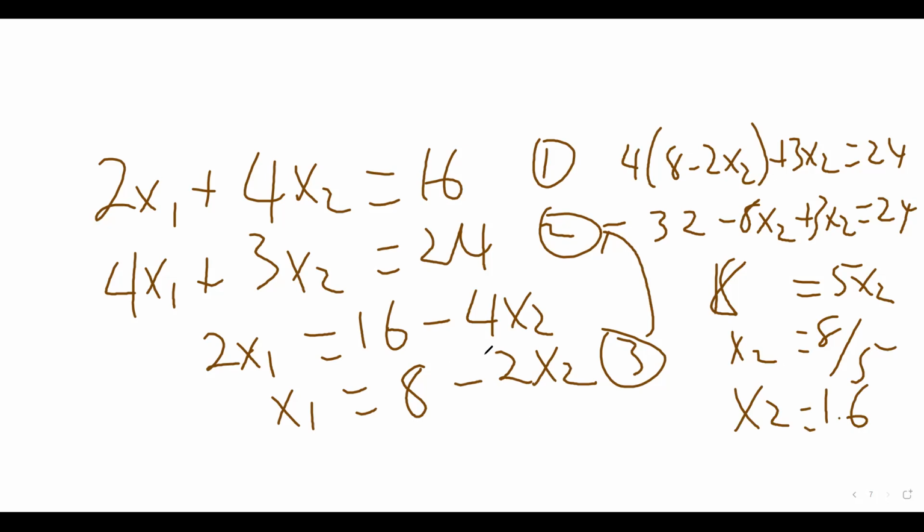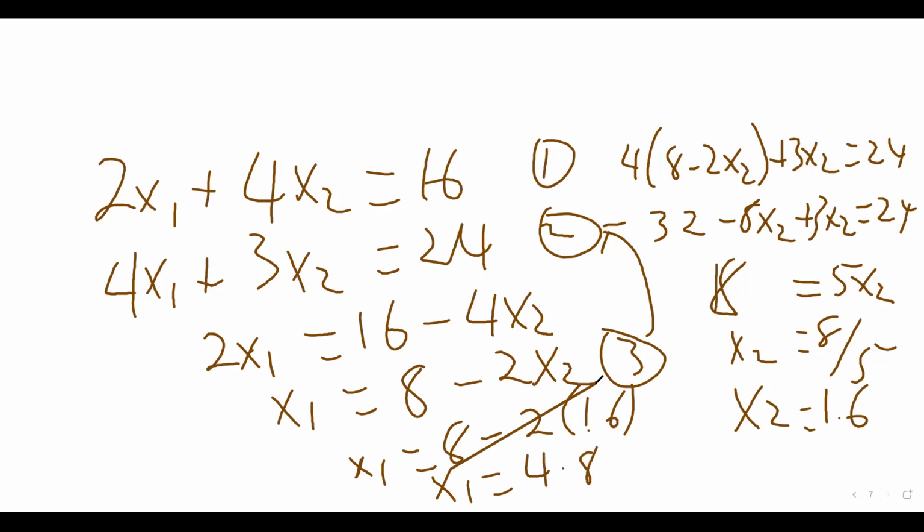So x1 is now equal to 8 minus 2 times 1.6, which will give you 4.8. So eventually, your x1 will be 4.8.